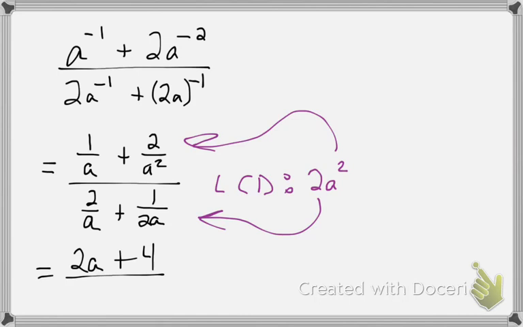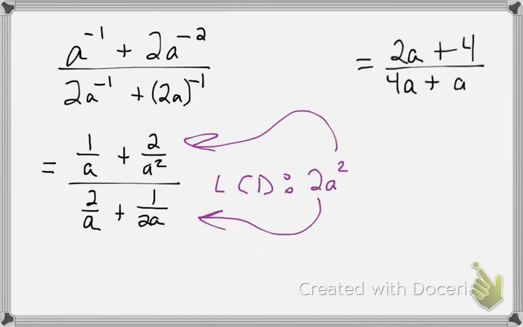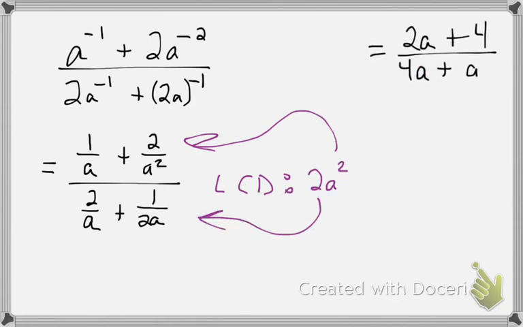An a cancels, so you have 2a times 2, which is 4a. And finally, 1 over 2a: the 2 cancels and an a cancels, leaving behind just an a times 1, which is a. So 2a plus 4 over 4a plus a.